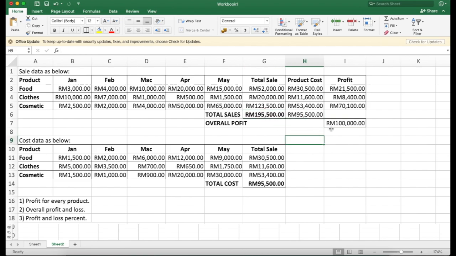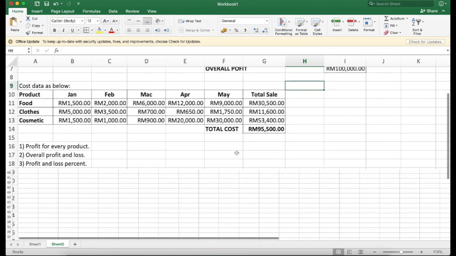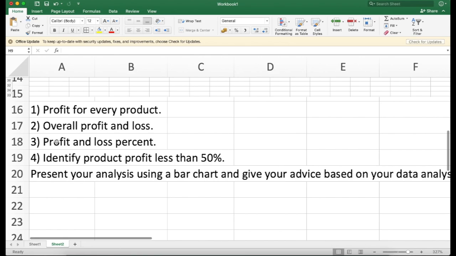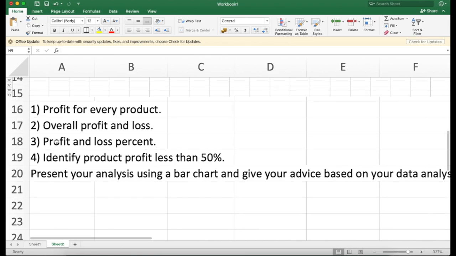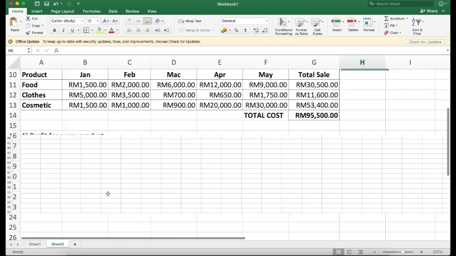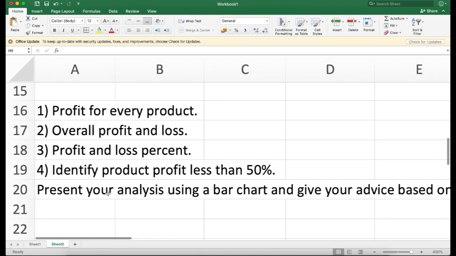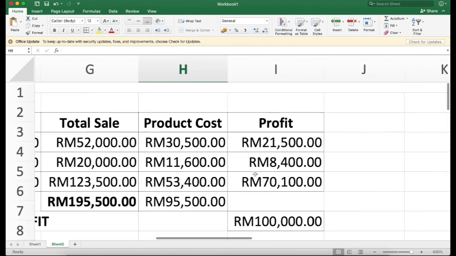Okay, and then what we need to know: identify product profit less than 50,000, less than 50,000. Okay, so that means every product we need to analyze less than 50,000.